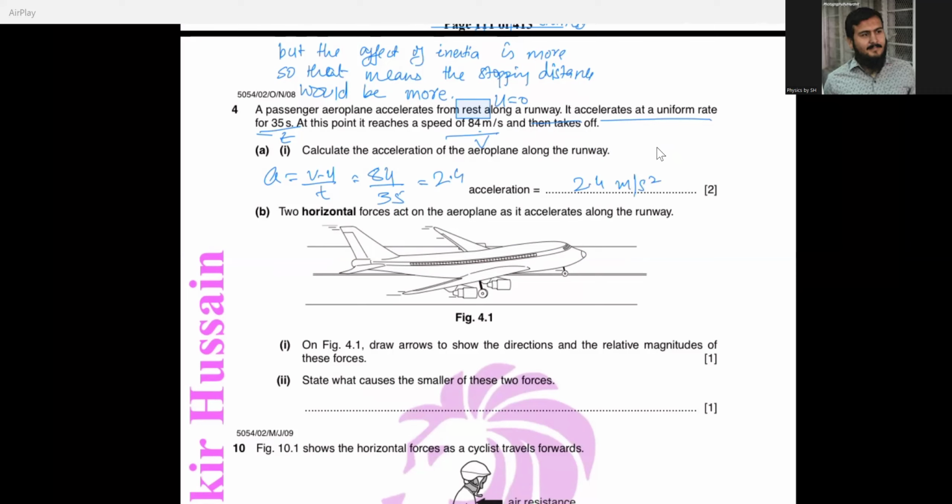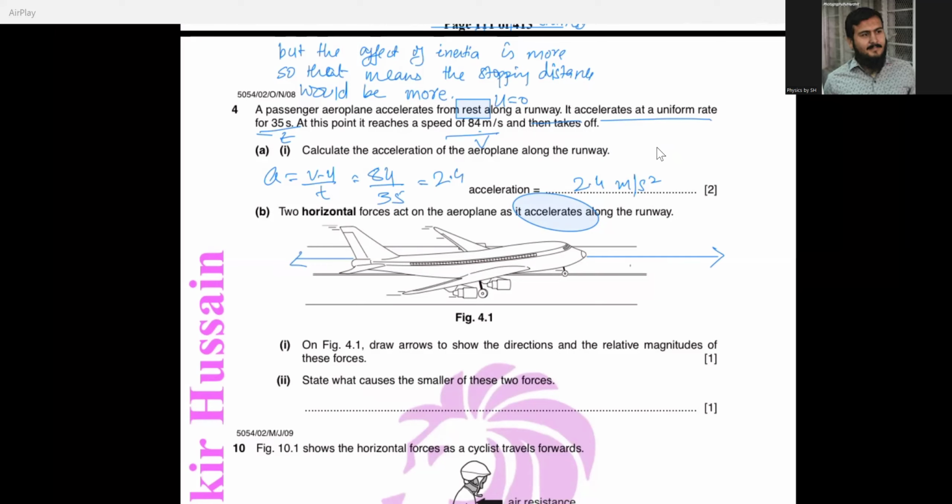Horizontal forces act on the aeroplane as it accelerates along the runway. Draw arrows to show the direction and relative magnitude of these forces. So it's accelerating. So it means it has a forward engine thrust, which is larger than the backward air resistance, right?